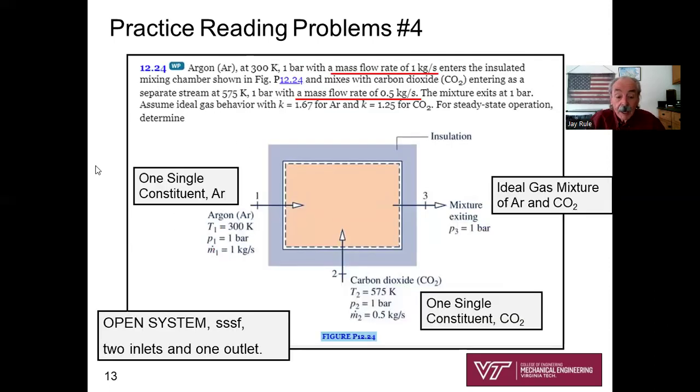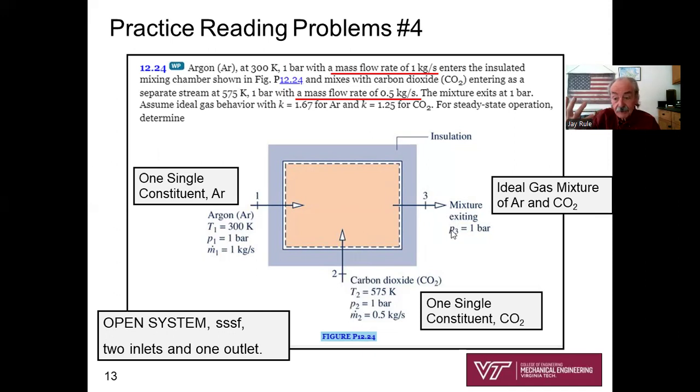Problem 4. An open system: argon has a mass flow rate of 1 kilogram per second entering an insulated vessel. Also entering the vessel is carbon dioxide as a separate stream, but its mass flow rate is known. And the sketch is shown too. What can we determine from this sketch? Two inflows, argon and carbon dioxide, steady state, one outflow.